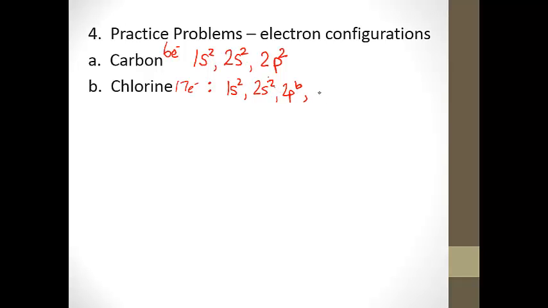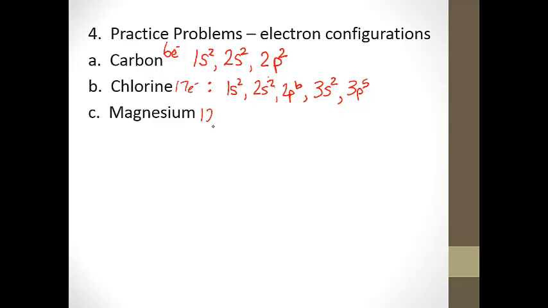So that means if we're looking at the diagonal rule, 3s comes next. So 3s can hold a total of 2 electrons, and that puts us at 5 more in order to get our 17. So 3p, and that can hold just 5. It can really hold 6, but we don't need that many. We only need 17 electrons, so 5 is enough.